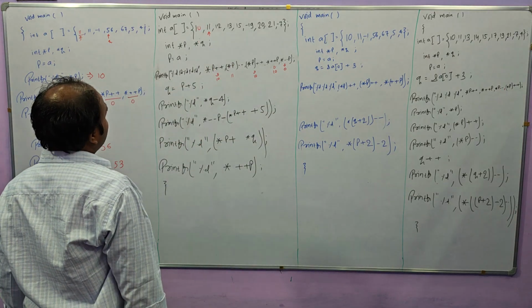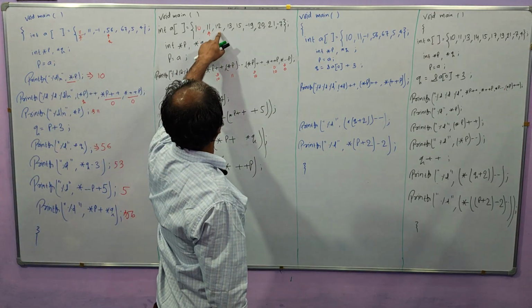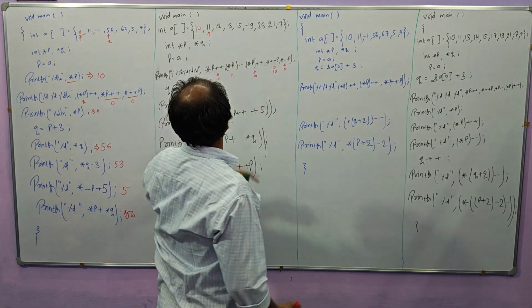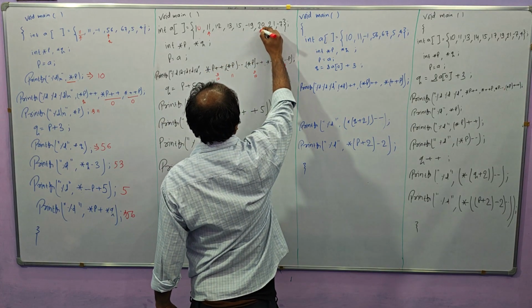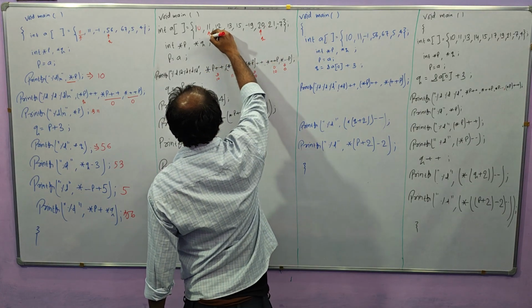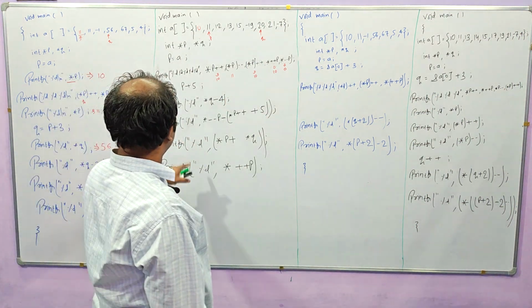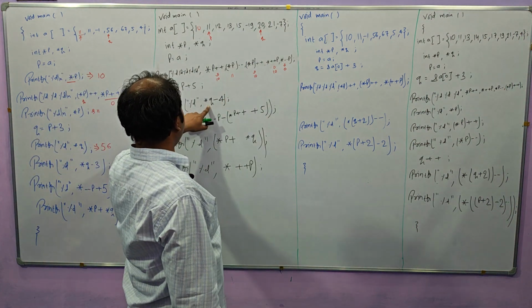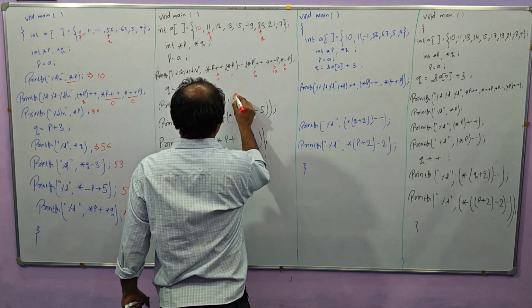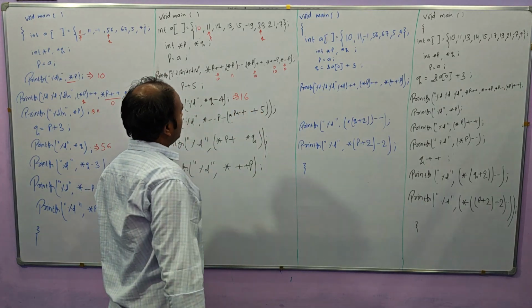q is equal to p plus 5: 1, 2, 3, 4, 5. Now q points to 20. It becomes p, q minus 4. 20 minus 4, that is 16.